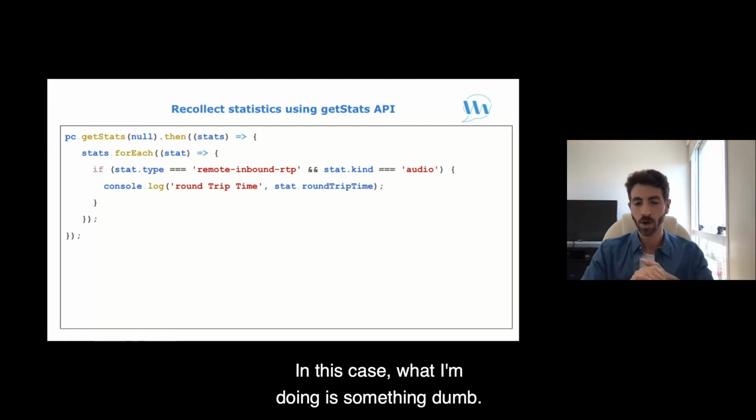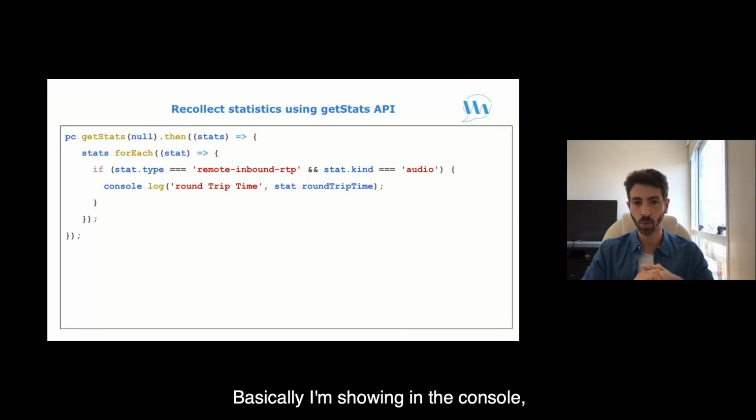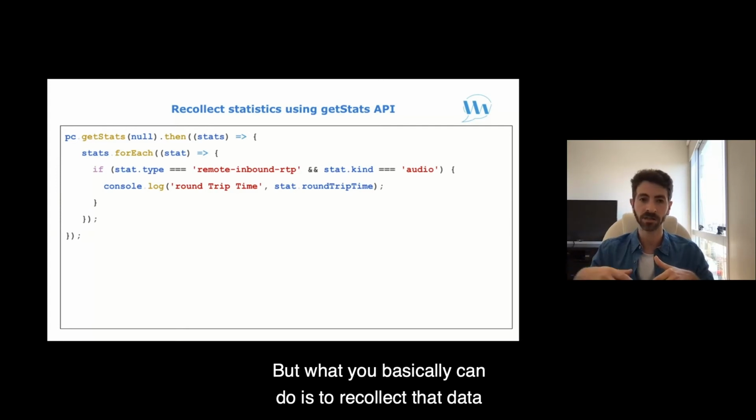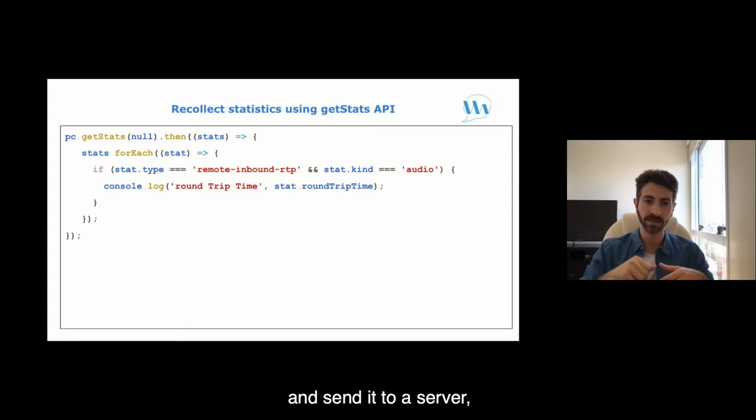In this case, what I'm doing is something dumb. Basically, I'm showing in the console the audio round trip time that is in the remote inbound RTP report. But what you can basically do is collect that data and send it to a server to analyze it later.